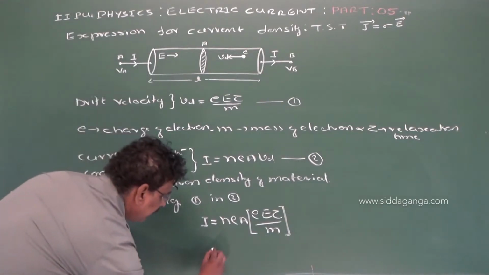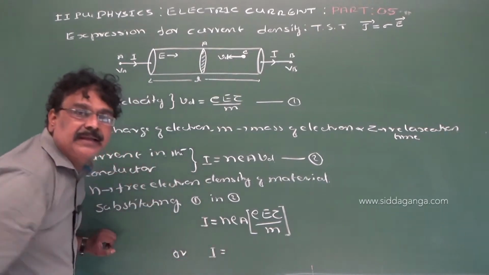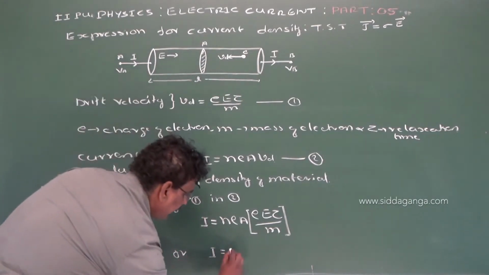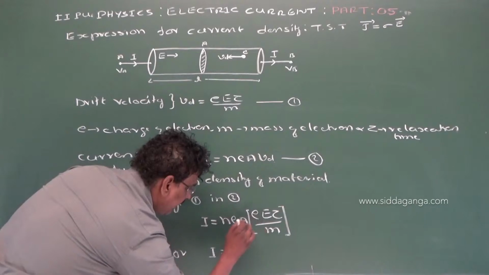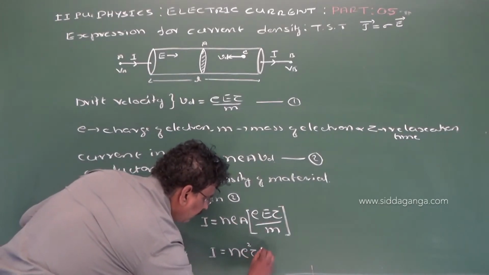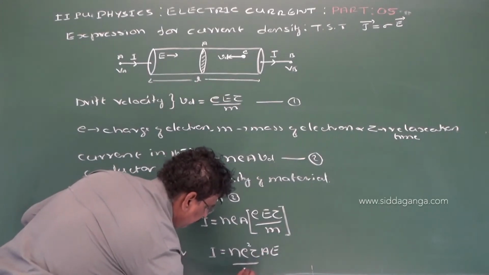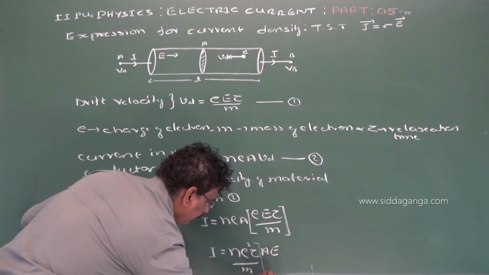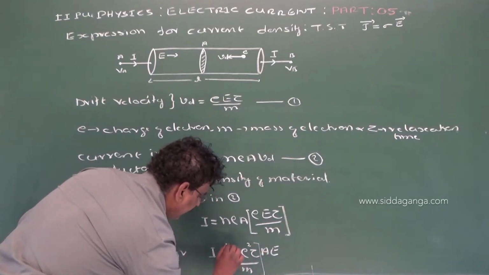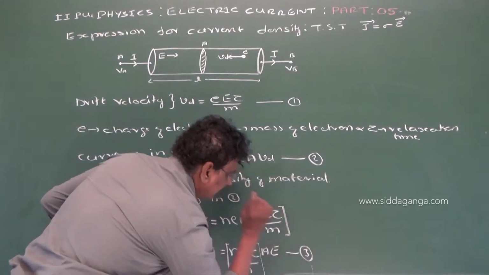Or I is equal to n e into e square tau E by m. So, I have rearranged this equation. Let us take it as equation number 3.